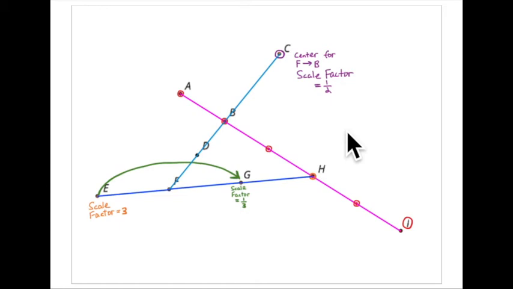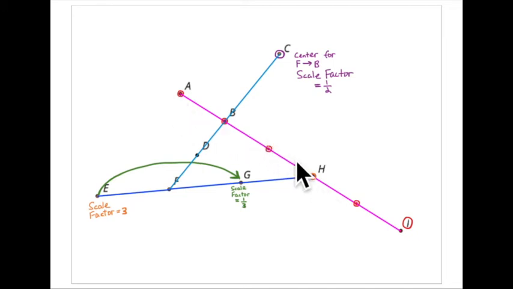Dilate H using A as the center. So this is the center of dilation. You can either make H go out this way or H go that way. And either way, it's going to be on this line or on this ray. So dilate H using A as the center of dilation and a scale factor of 1/3.